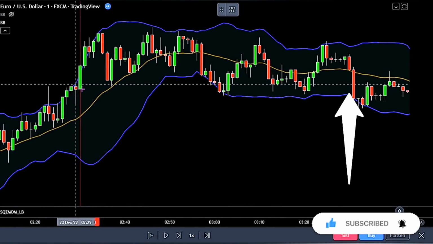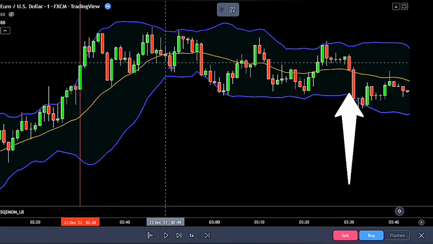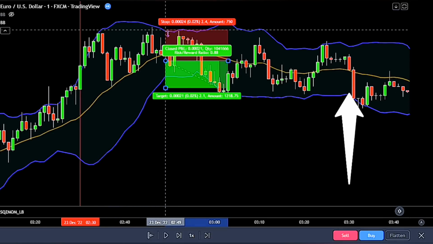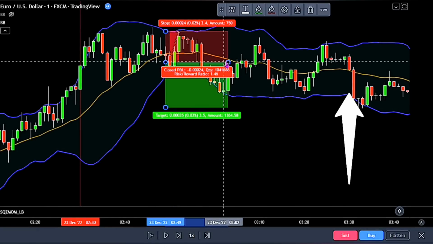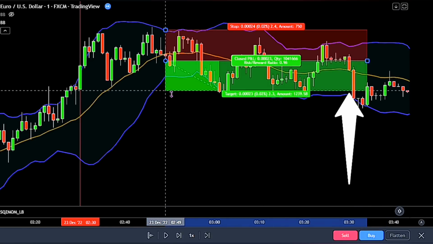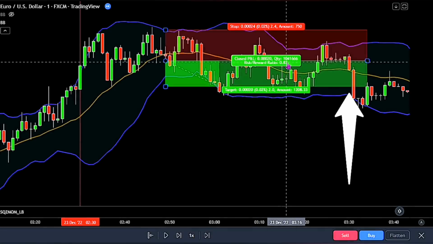Then this next trade was at this point. Entry at this candlestick. Stop loss at the upper Bollinger Band. And our exit would have been at this point. And we made 0.8 of what we risked.